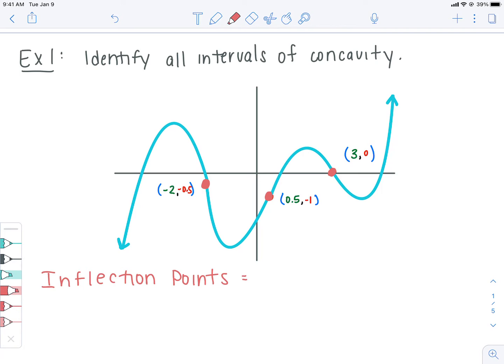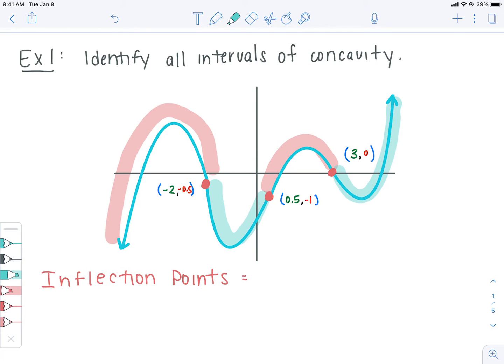So I'm looking at my graph and I'm saying, okay, when I first look at this part of the graph, it's facing down. And then my graph is facing up. And then it's facing down. And then it's facing up. So when I look for my inflection points, I want the actual places where I'm switching my concavity.